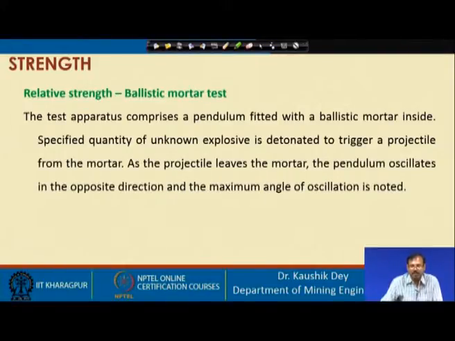A specified quantity of unknown explosive is detonated to trigger a projectile from the mortar. As the projectile leaves the mortar, the pendulum oscillates in the opposite direction and the maximum angle of oscillation is noted.